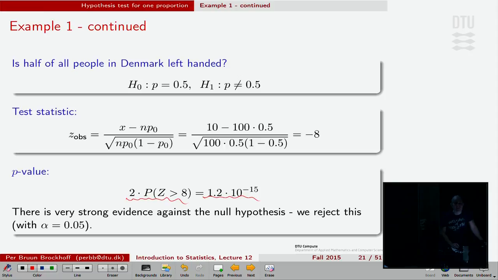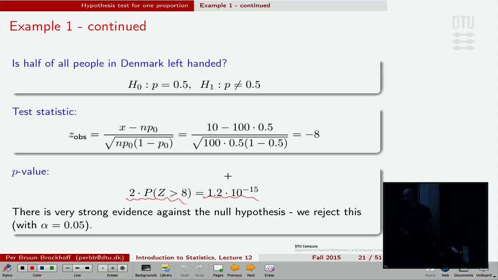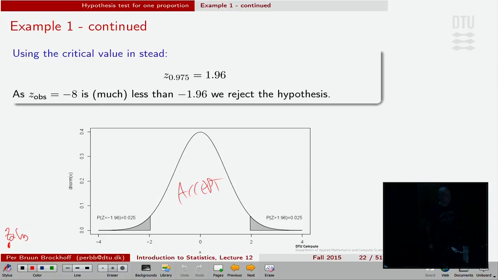So we have strong evidence against the 50-50 hypothesis, of course. Or, to repeat the critical value thing, I see that my observed Z was way beyond the acceptance region in the middle. So I reject, of course. That's the critical value way of saying it.